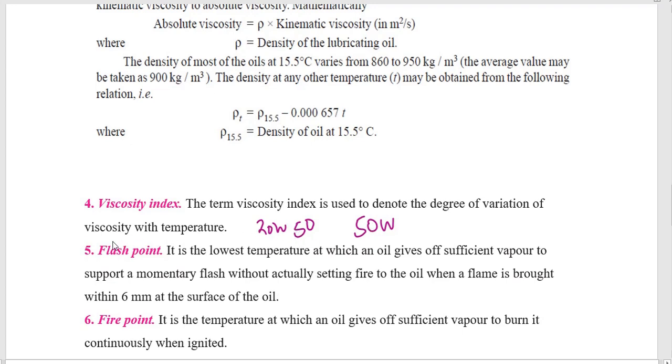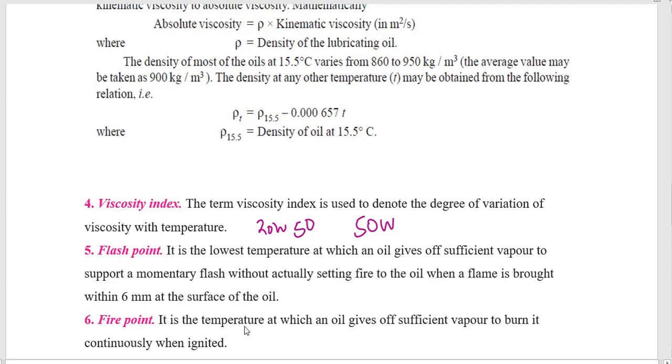So we have also another factor called the flash point. It is the lowest temperature at which an oil gives off sufficient vapor to support a momentary flash without actually setting fire to the oil when a flame is brought within 6 mm of the surface of the oil.